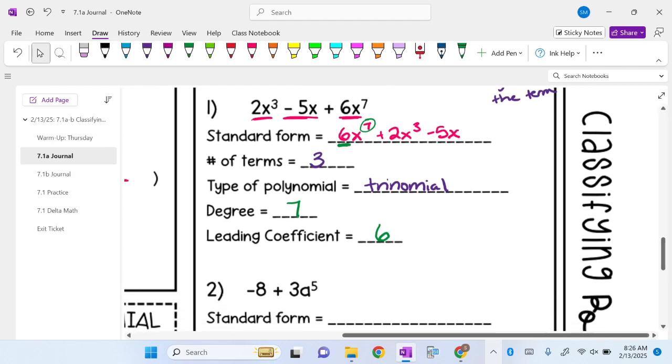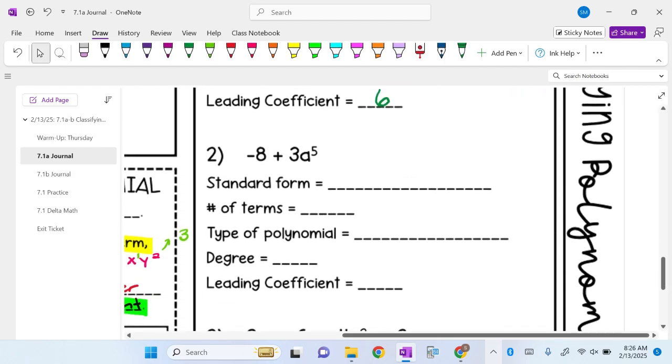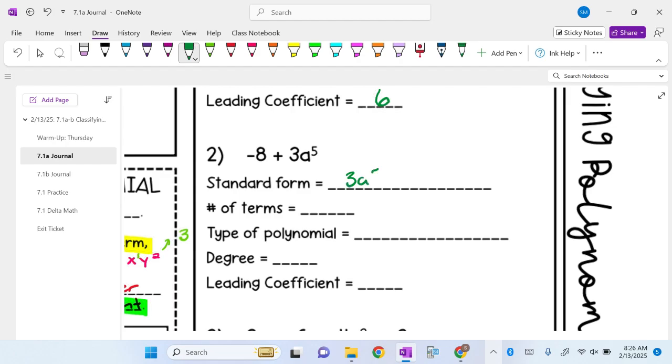All right. Let's try another one. So number 2, let's put it in standard form first. So what comes first? 3a to the 5th. And then the minus 8 comes after. How many terms do we got? 2. Guys, heads up, please. So if we have 2 terms, what type of polynomial?